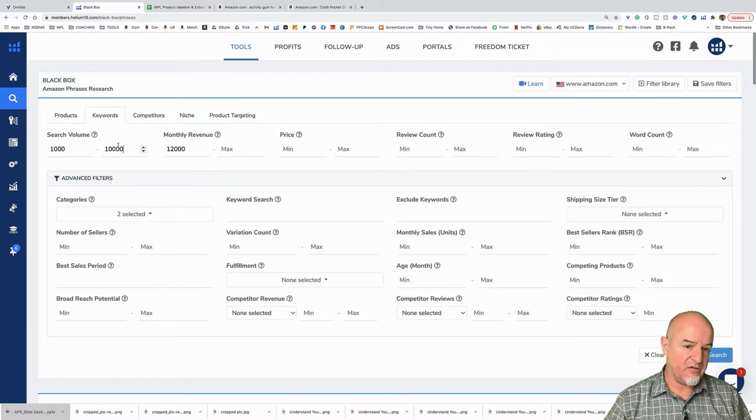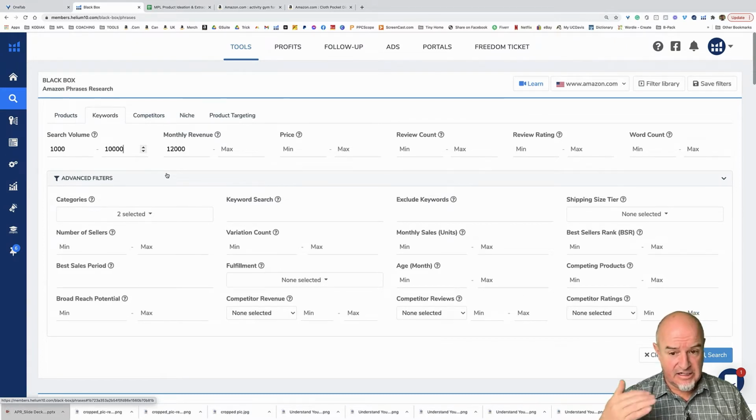Now, the reason we don't go 50,000 search volume is because we have found that once you get over 15,000 search volume on a market term, a search term, it gets a little bit too competitive. It requires way too much promotion and way too much inventory, more than you may want to start out with to get going in that market.